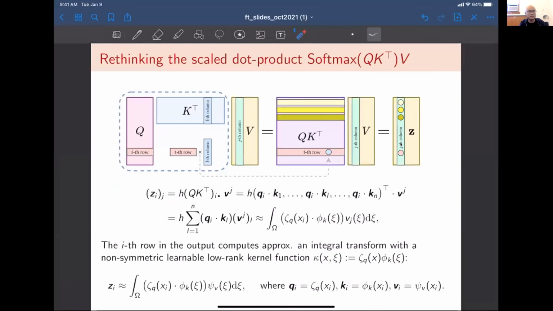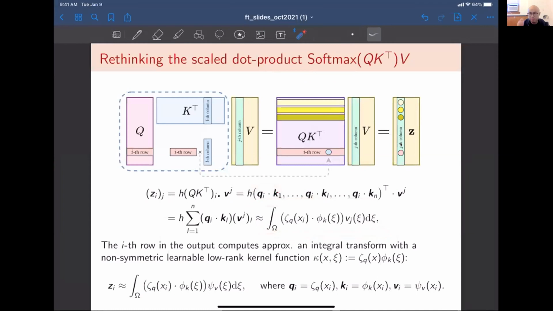I think no one really dissected the transformer, the scaled dot product attention, component-wise. If we dissect it component-wise and ignore the softmax, we can rewrite it. So this is row-wise dot product.